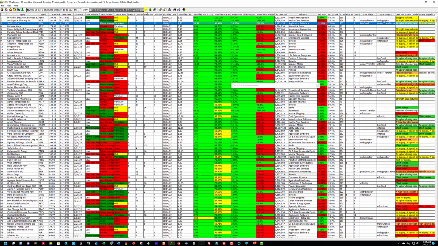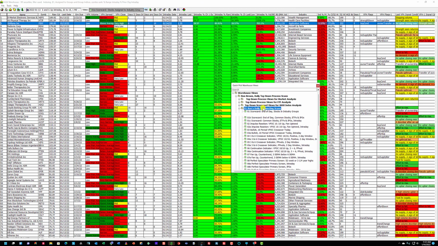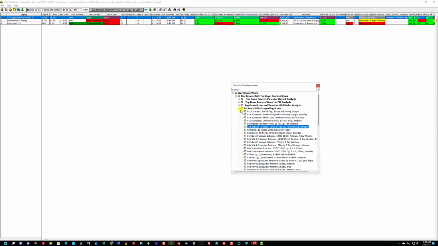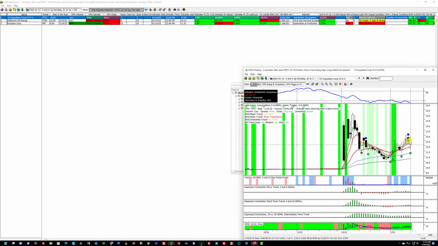Now, let me show you some other things you can do. I'm going to use my files here under my daily prospecting. I'm going to go to impulse reaction, see if there's anything. Impulse reaction just means these are strong stocks and they pulled back a little bit from the prior day, and now they're going up.